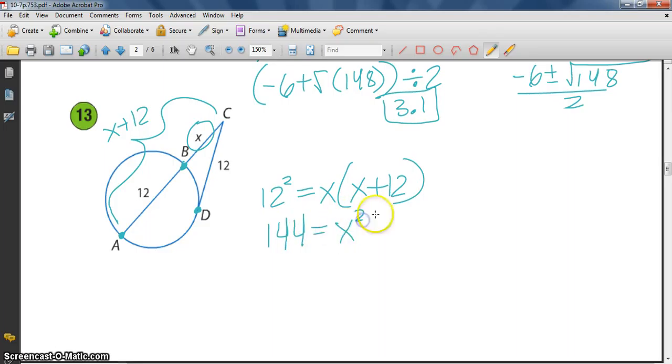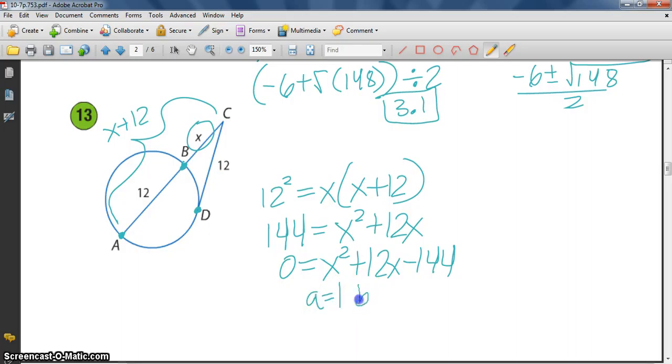Distribute. Once again, bring everything over to one side, get the quadratic in standard form. And my A is 1, my B is 12, and my C is negative 144. Substitute those into the quadratic formula.